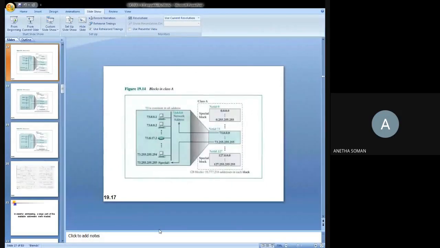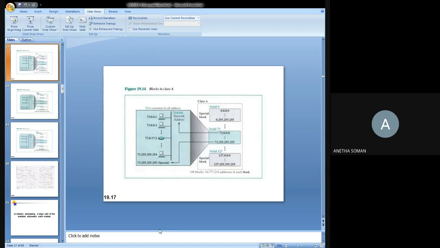So what is the net ID of that last block? It will be 127. That 127 is constant in a block. Net ID remains the same, but the host ID varies from 0 to 255. All 3 bytes can vary from 0 to 255. The meaning is each block can occupy 16,777,216 addresses.